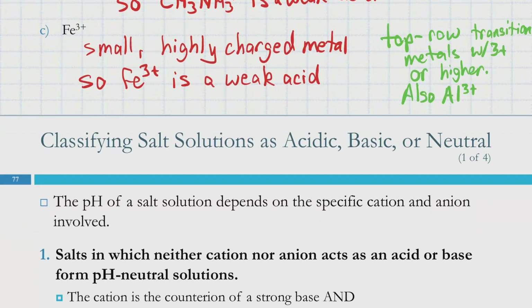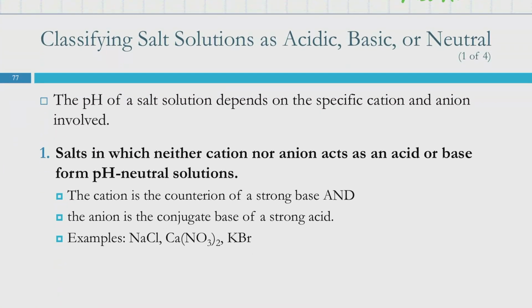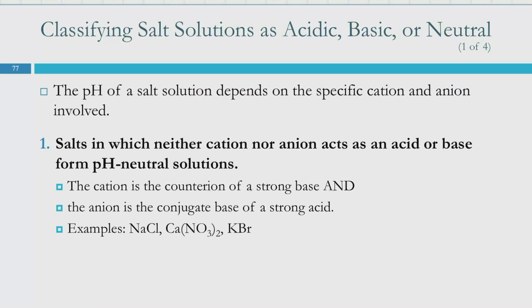So if we have salt solutions, the pH depends on the cations and anions that are involved. If we have no weak acid and no weak base, right? If we have ions that don't do any of that, like if they're only from strong acids and strong bases, then it's going to be pH neutral.